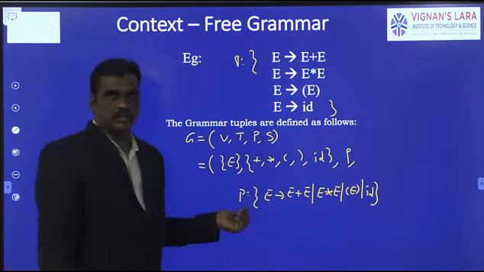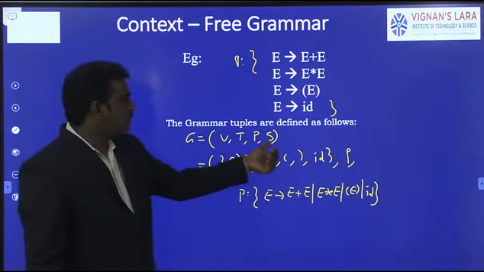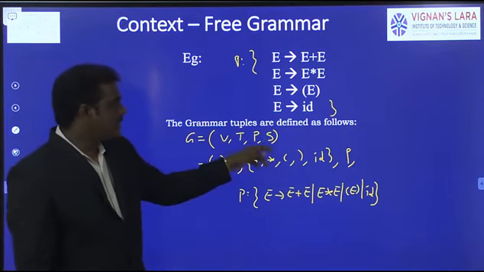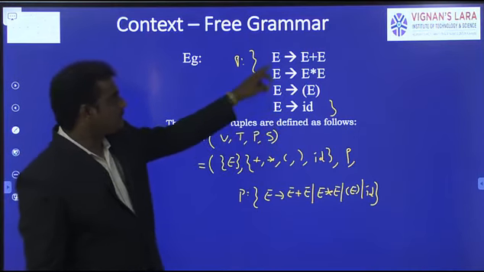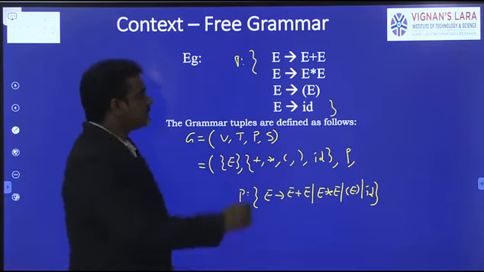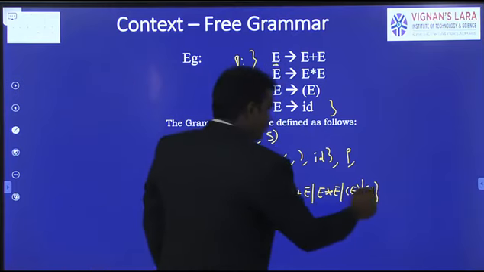This is a production. And then the fourth one is S. What is S? S is the starting symbol of the grammar. So here in this grammar, the starting symbol of the production is this one, E to E plus E. So the starting symbol is E only.